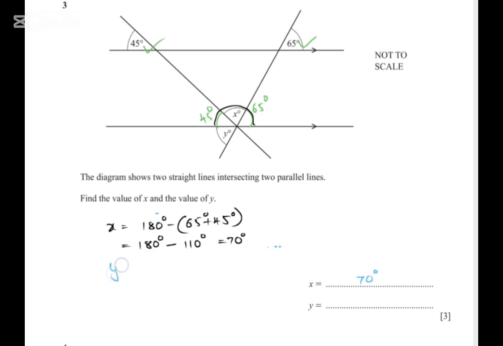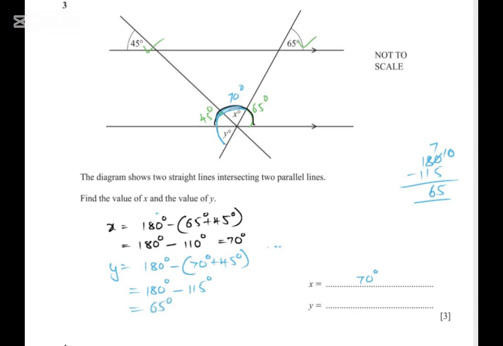Then for y, take this straight angle. y is equal to 180 minus, and we already know x is 70, so 70 plus 45. 180 minus 115: 10 minus 5 is 5, 7 minus 1 is 6, so it is 65.